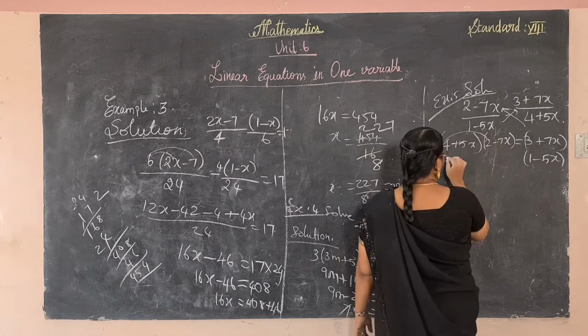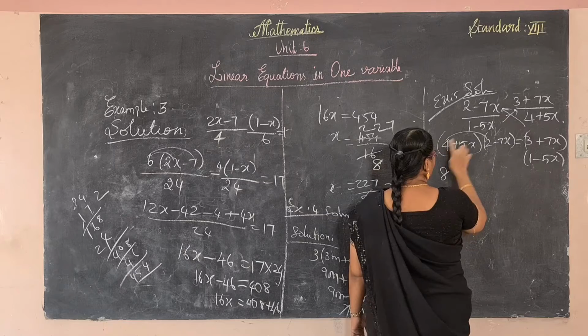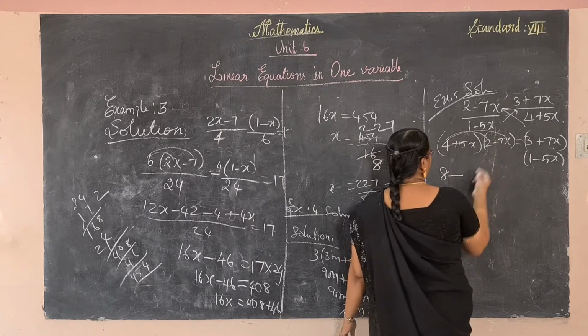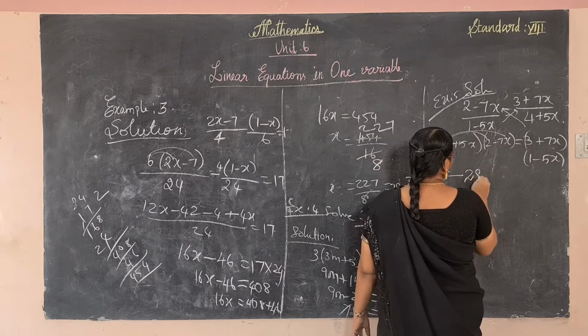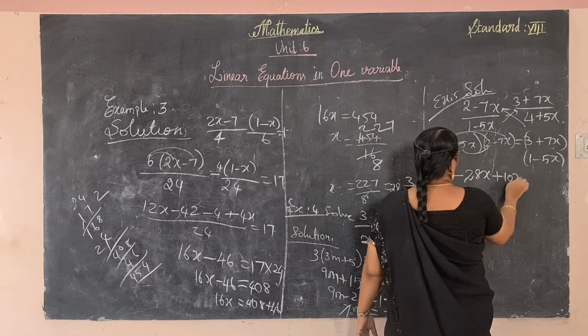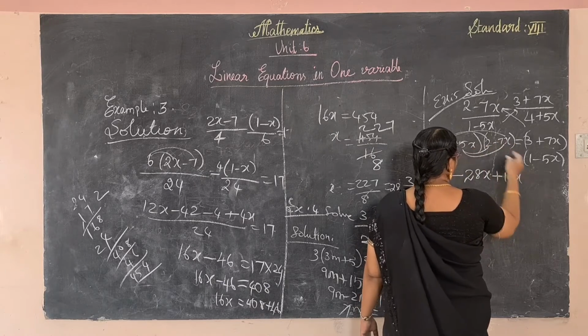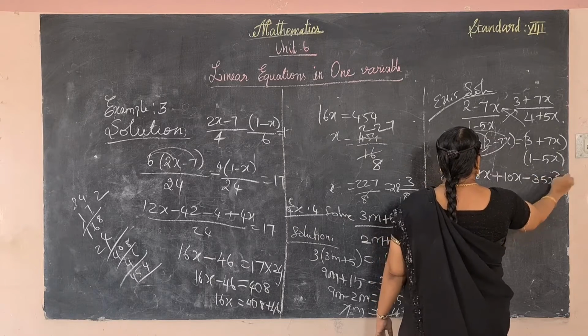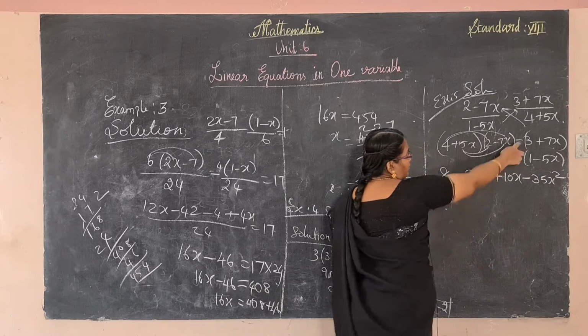Multiply each term. 4 2s are 8, minus the next term, 4 7s are 28x. Now multiply: plus 10x, and minus 35x times x, that is minus 35x squared.